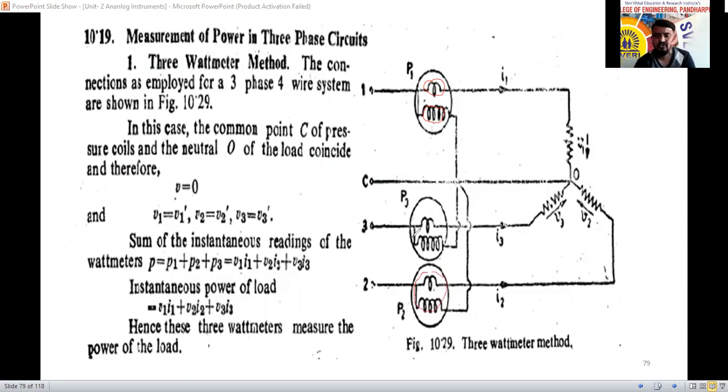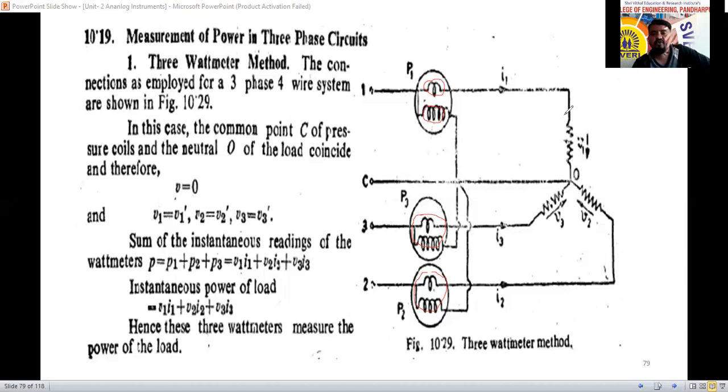And for the third phase also wattmeter 3. Each of the three phases is connected by one wattmeter. Phase 1 is connected by wattmeter 1, which we mark as P1. Phase 2 is connected to one more wattmeter, called P2. Phase 3 is connected to another wattmeter, called P3.